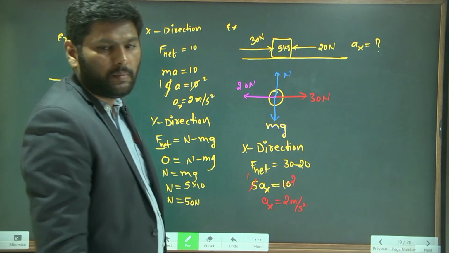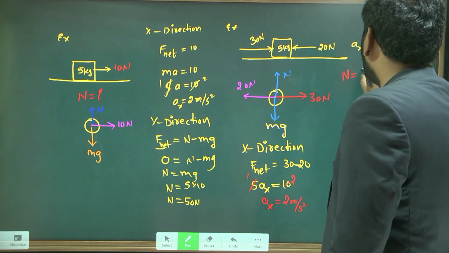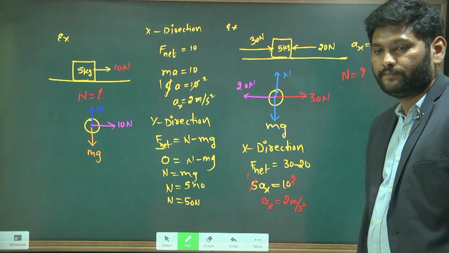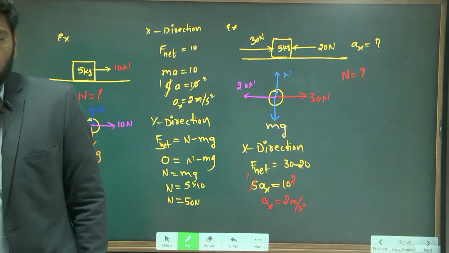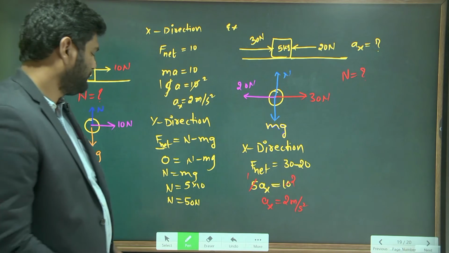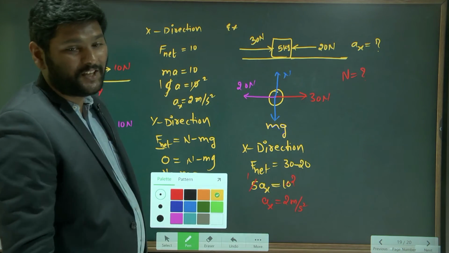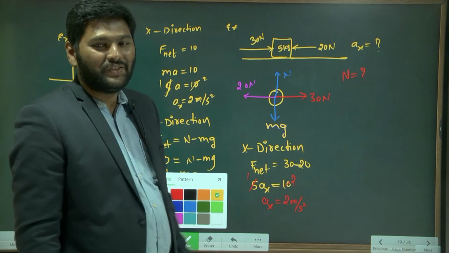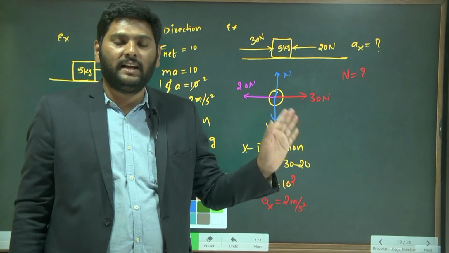Now in a similar way, my other question is, in this case, what is the normal reaction? 50 newtons. How 50 newtons? To find the normal reaction, in which direction should we take the net force?